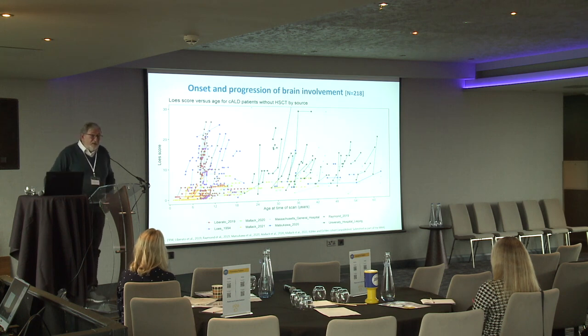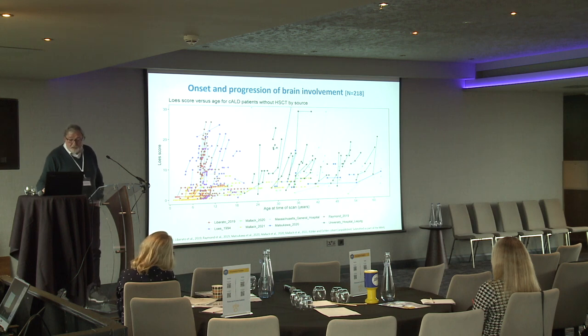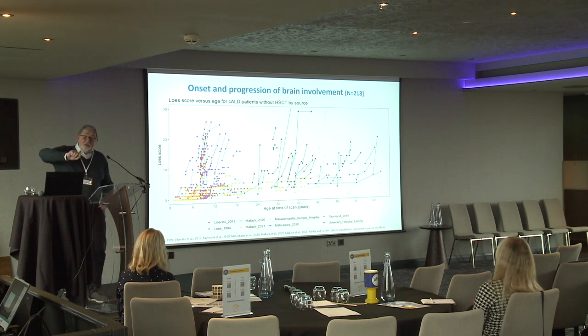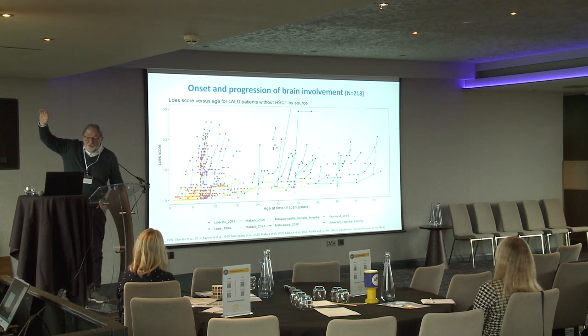This graph shows you data from many centers in children and adults, and also from our center. These are MRI scores, and each dot is an individual patient. If the dot is going up, the MRI score is getting worse. So they all are cerebral patients.